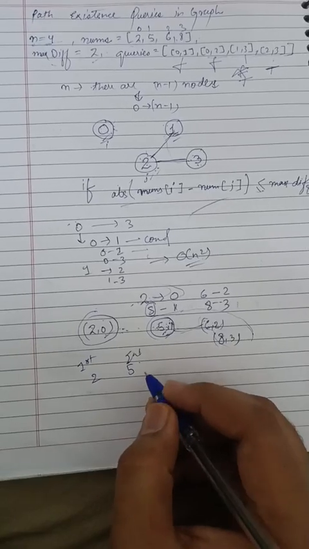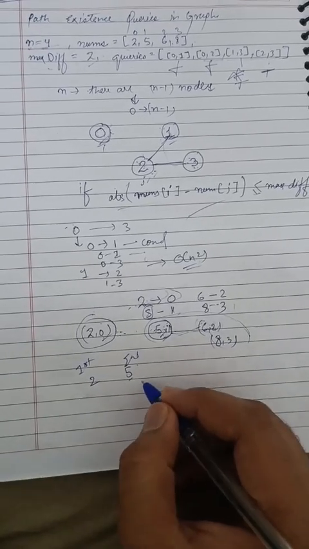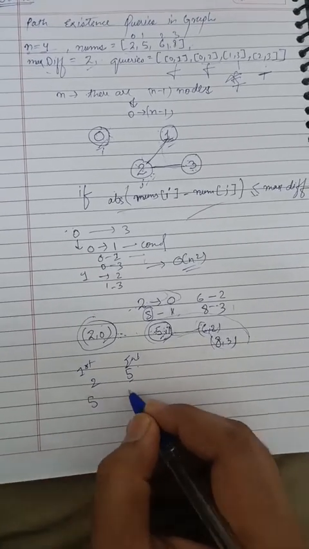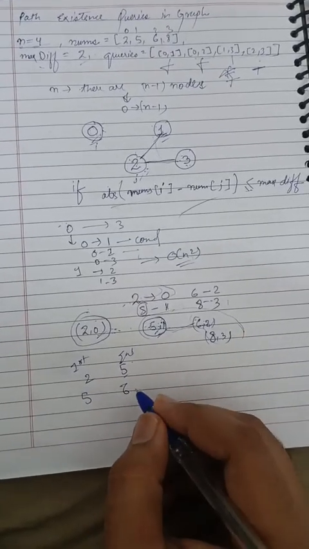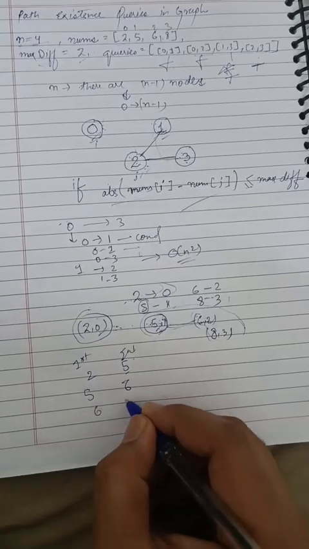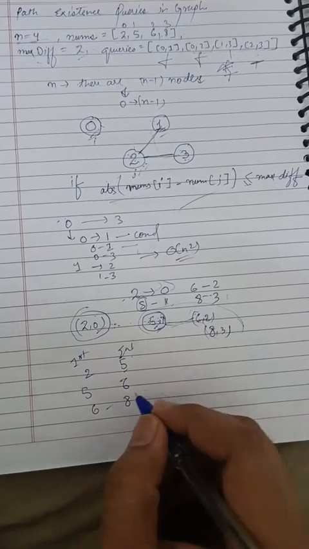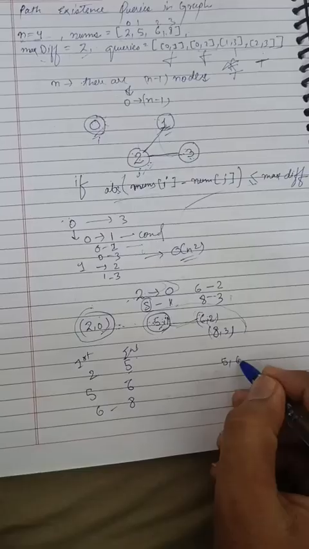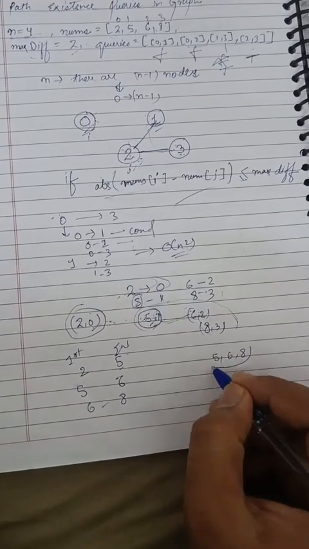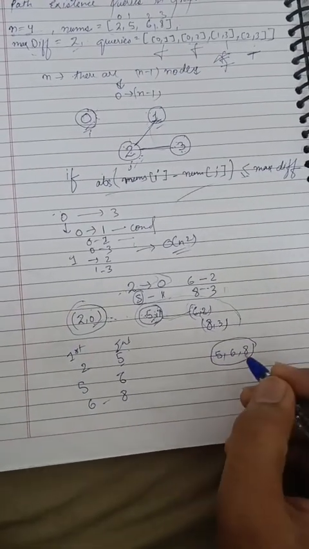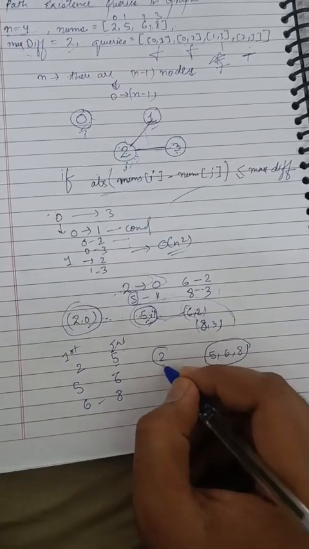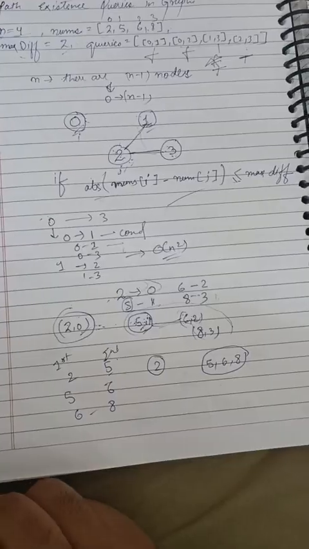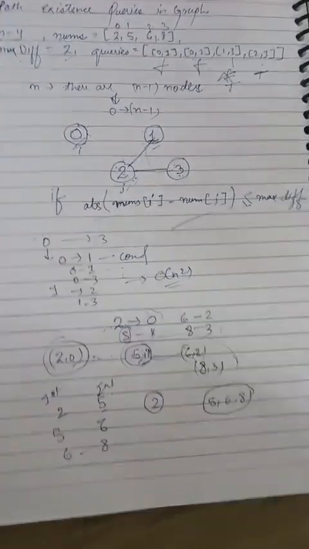Now the first element becomes 5 and the second becomes 6, they both fit the criteria. Now my first element becomes 6, second becomes 8, they both fit the criteria. Now I get that 5, 6, 8 is forming a group, but 2 is not forming a group. All right, this is what I want to say.